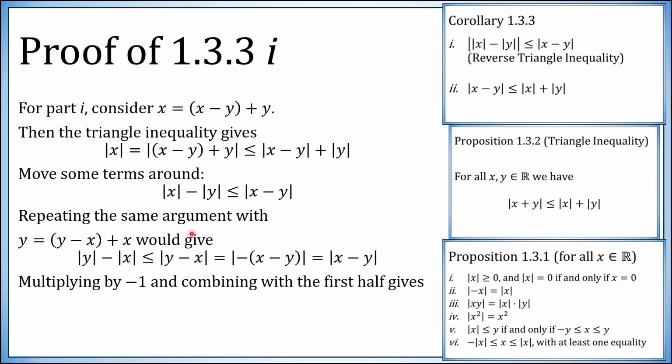So if I multiply this inequality by negative 1, notice that the absolute value of y minus the absolute value of x, when I multiply by negative 1, will become the absolute value of x minus the absolute value of y. And we'll end up with that less than or equal to the absolute value of x minus y, but greater than or equal to, once I multiply by negative 1, the negative of the same thing. So whatever this is, it's in between this number and negative 1 times it.